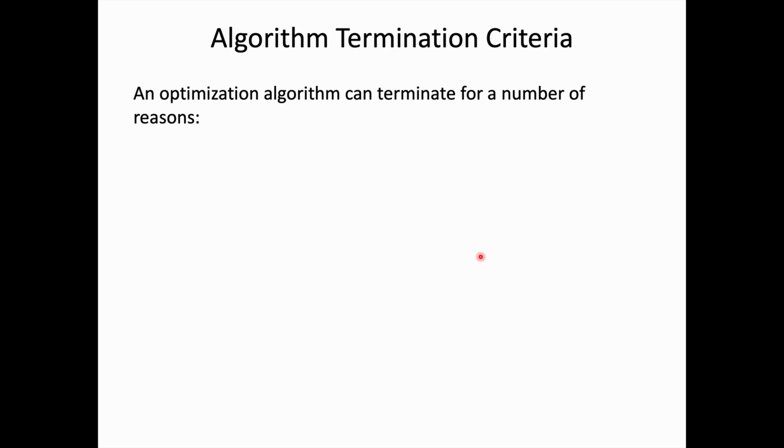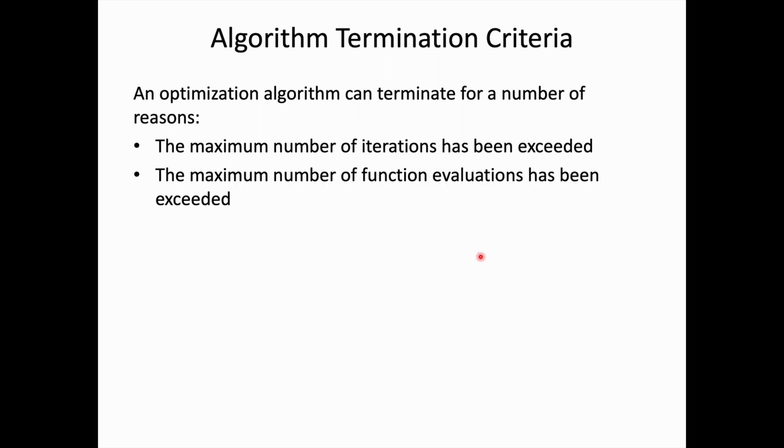Let's talk about more general algorithm termination conditions, whether it is convergence or some other type of termination. We can terminate for a number of different reasons. Of course, the maximum number of iterations, or in addition, we can set a limit on the maximum number of function evaluations. And you might wonder what the difference is there. The maximum number of iterations basically refers to how many iterations the outermost while loop has gone through. But each pass of this outer while loop might require a large number of function evaluations, meaning evaluation of our objective function or constraint functions.